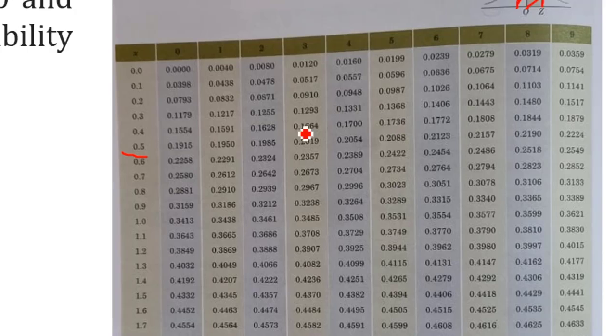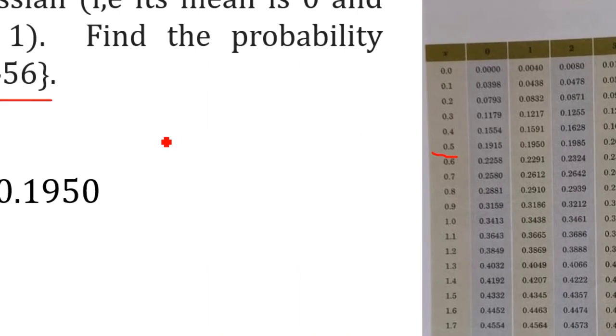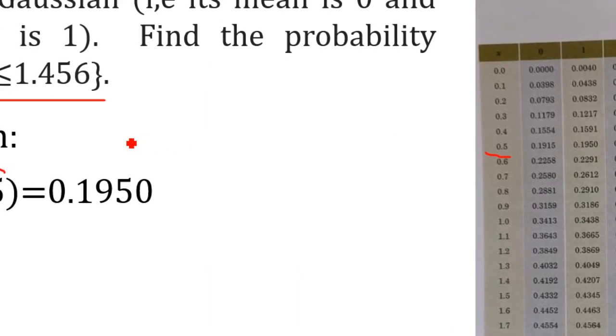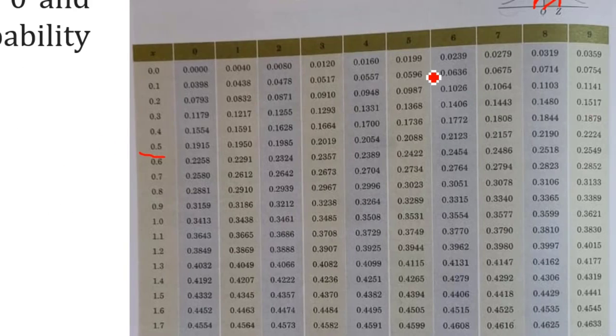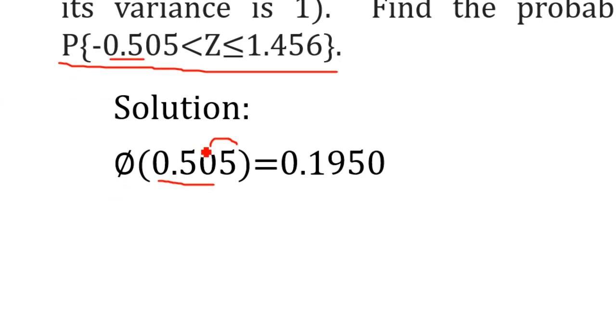Here it is. Where is 0.01? Here it is. Where they coincide, that gives 0.1950, which is written here.